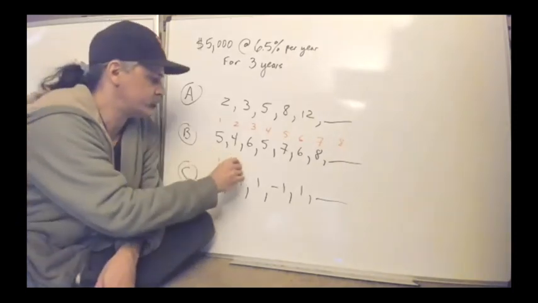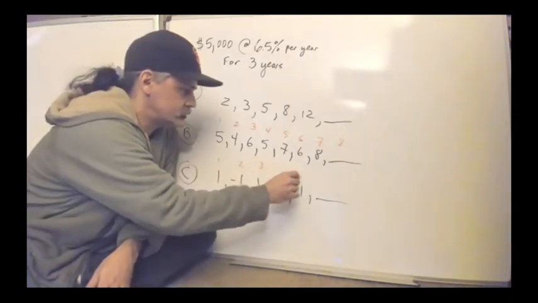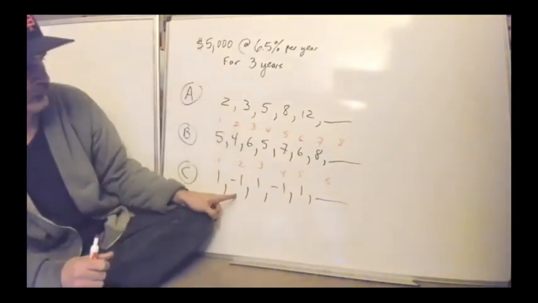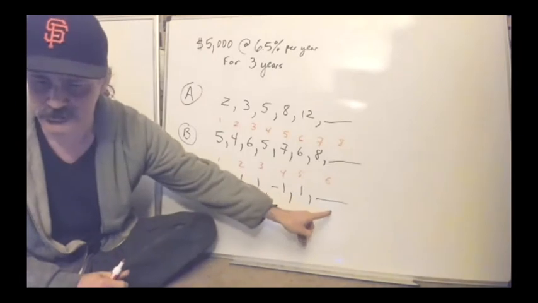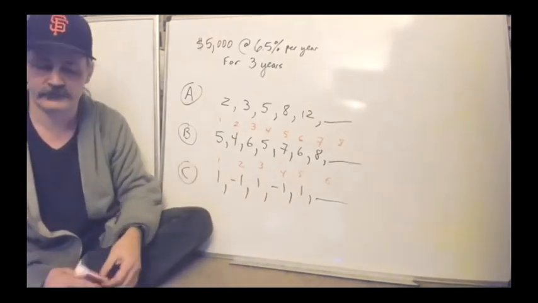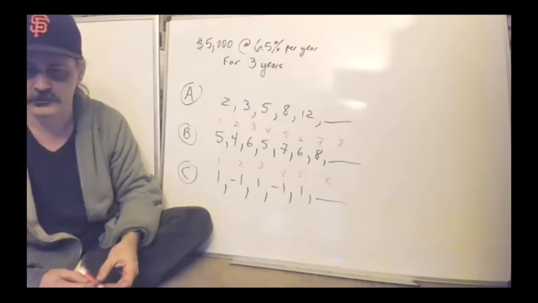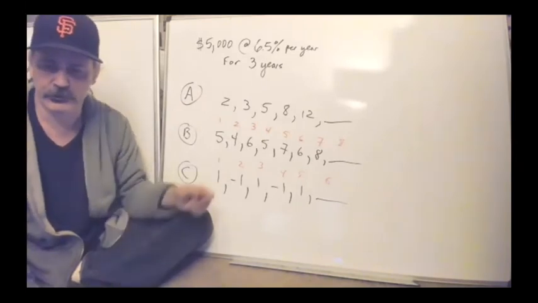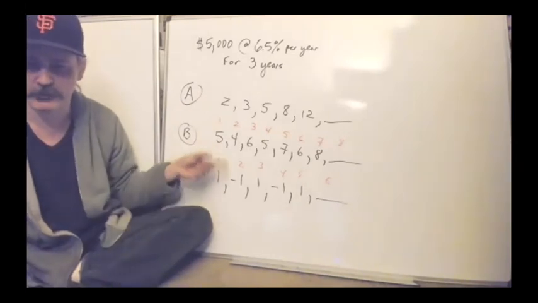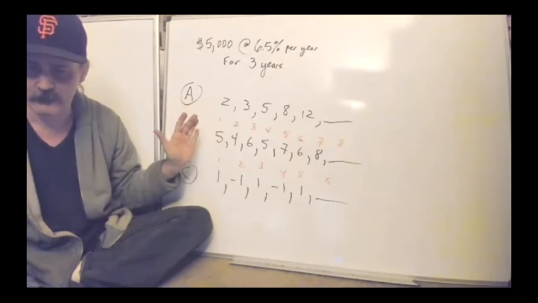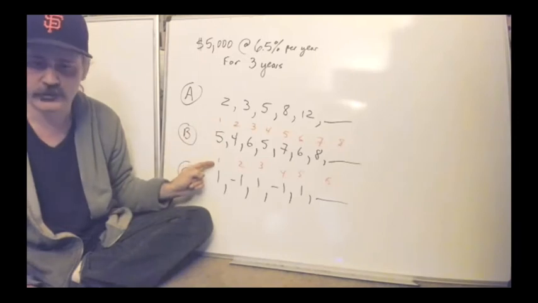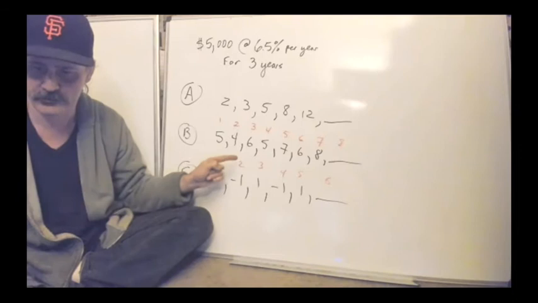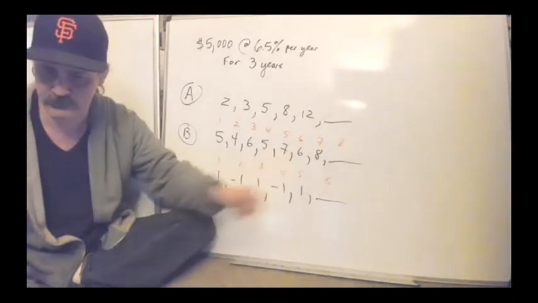Okay, so if we label these by positions, notice every even position is -1. Every odd position is +1. Okay, so there's actual rules we can write for these. They're a little complicated, so I'm not going to go there. But it's easier to make a rule if we label the positions using whole numbers. The first number, the second number, the third number, the fourth number, the fifth number, the sixth number.